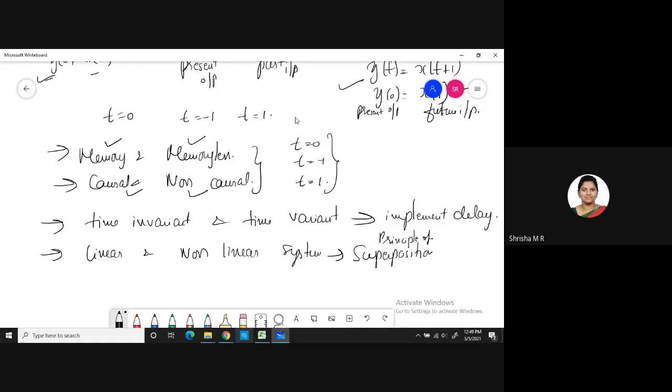So the principle of superposition is addition of two laws, that is law of additivity and the law of homogeneity.